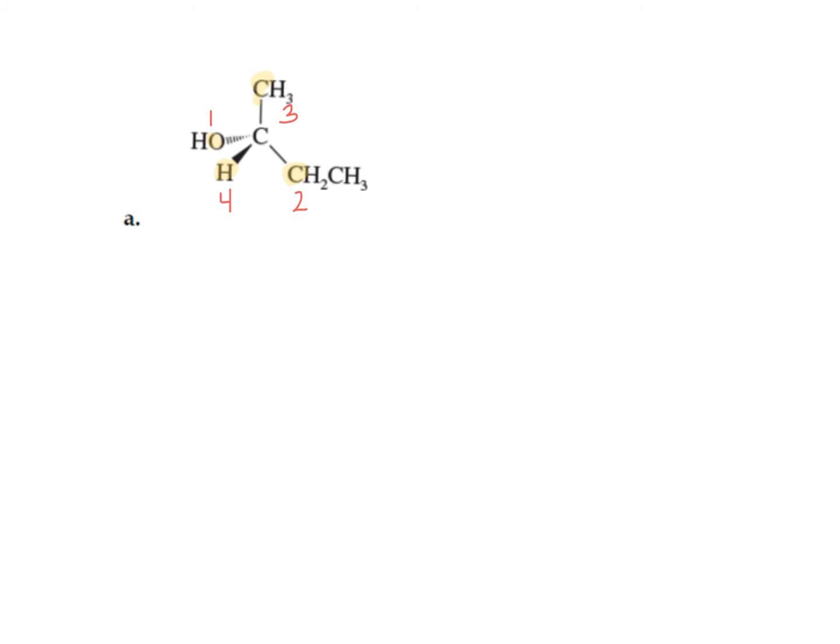Now, at this point, what you need to do is look and see if your lowest priority group has dashes, because you want to rotate this molecule so that the lowest priority group is going to the back. Well, our lowest priority group has a wedge, so that's a problem. Somehow we need to address how to get that lowest priority group to go to the back.